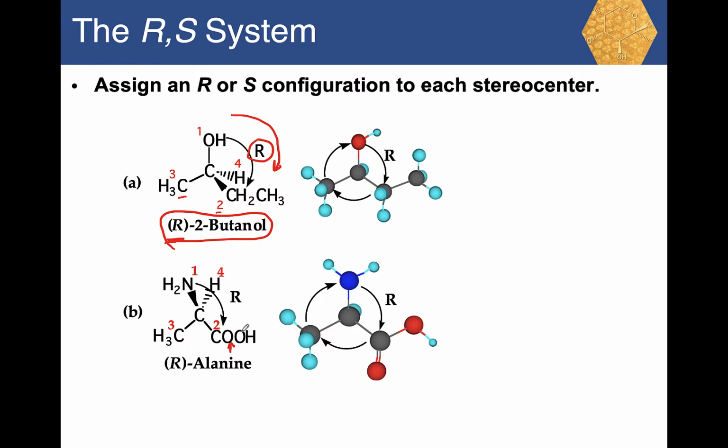So therefore this gets the higher priority, number 2, and this gets number 3, and of course hydrogen gets number 4, and it's in the back. So when we trace this, we get clockwise, R. So the absolute configuration is R, and the name of this molecule is R-alanine.